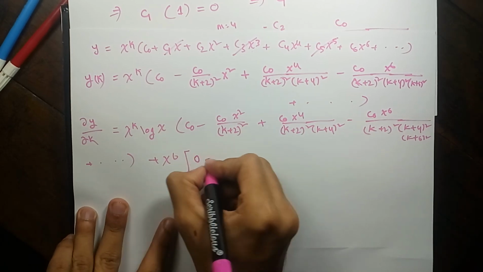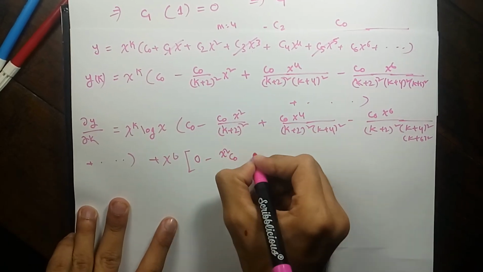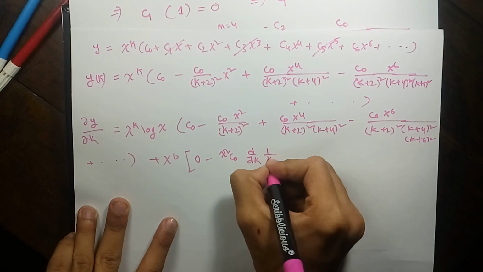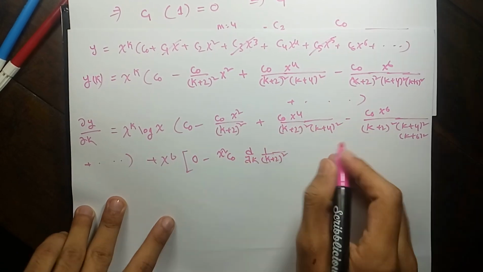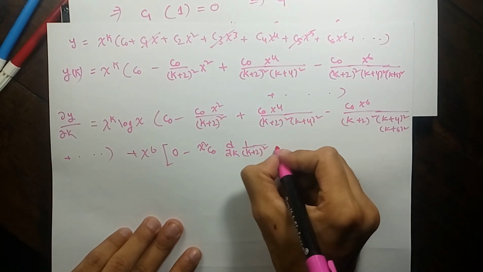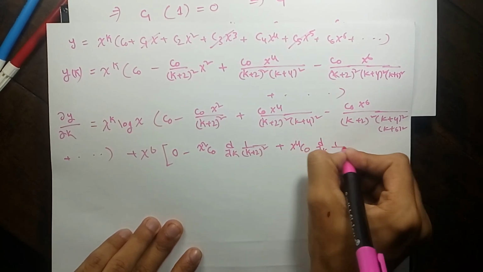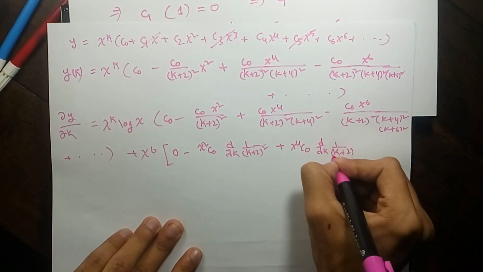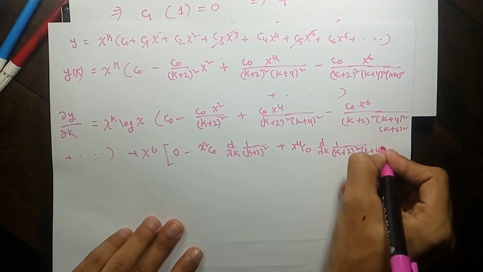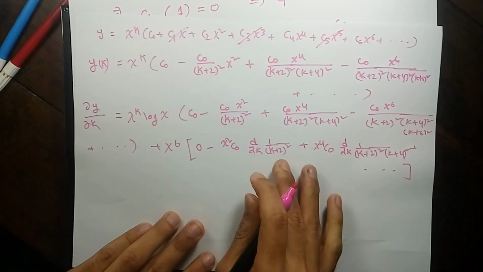So that will be 0 minus x² c0 d/dk of 1/(k+2)². You don't have to evaluate it in terms of k, you just put it in the calculator. d/dk of 1/((k+2)²(k+4)²), and so on.